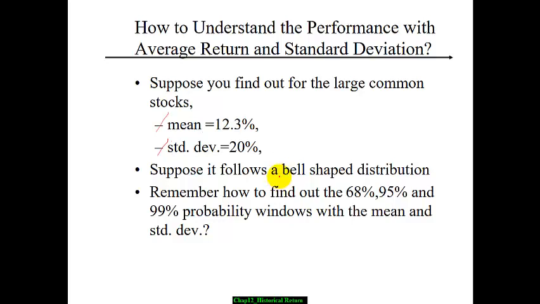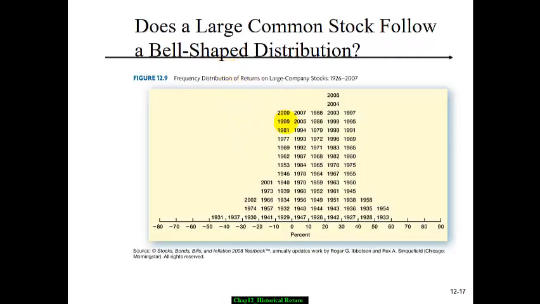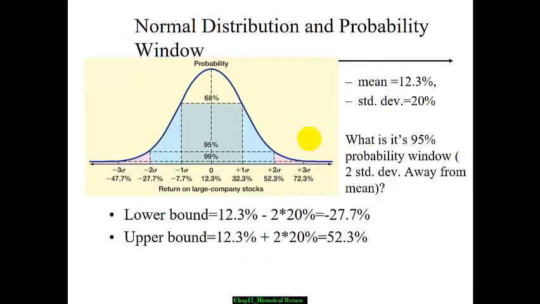Suppose the security you are talking about follows a bell-shaped distribution, which means normal distribution. Now this is going to help us to know more about these predictions. There is actually some supporting evidence to show that securities such as large company stock follow pretty much a very typical normal distribution. So we feel comfortable using normal distribution to understand the return and the risk performance.